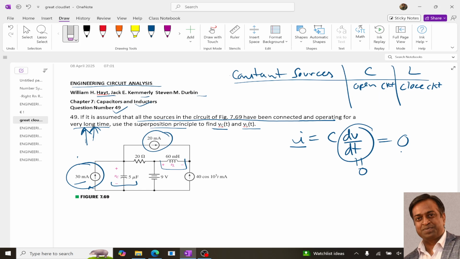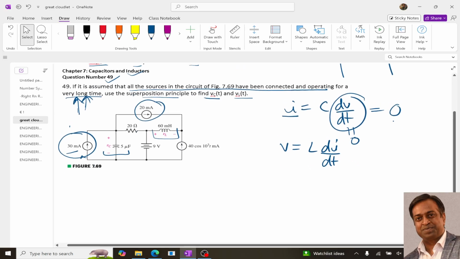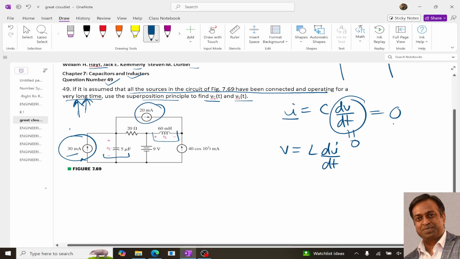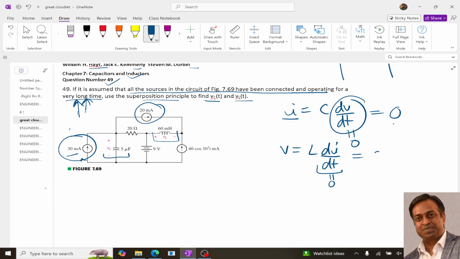Similarly, for the inductor L, we know that v = L di/dt. Since the sources are constant, the current is constant, so this term will be 0, and it means v is 0.